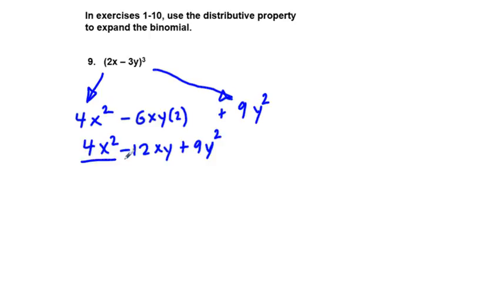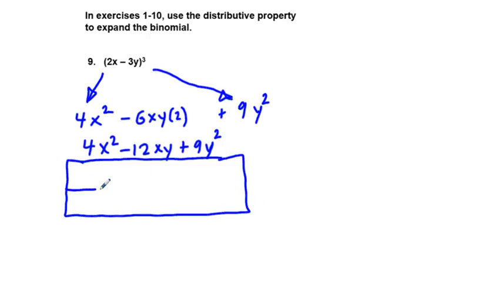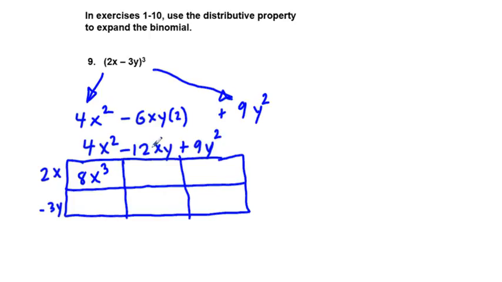And now we're going to do what we did in problem number 7 and box out the rest of it, because we have this squared here, and so now we've created with this box 6 cells. I'm going to put on the left here 2x and minus 3y. And so on the upper left box, we're going to have 8x cubed, then 2x times negative 12xy is going to be minus 24x squared y.